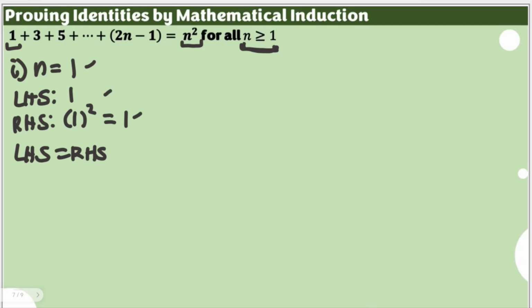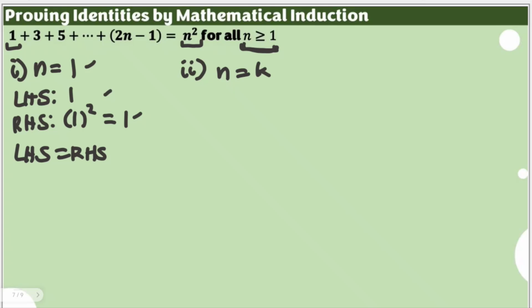Now that we are done with the first step, let's proceed to our second step. The second step uses the assumption that we treat n as k, because we are going to use that in the further parts of our proof.